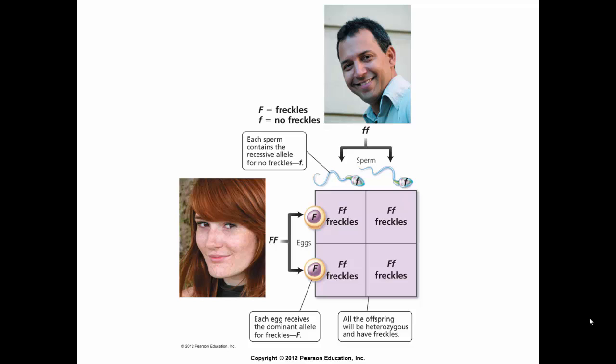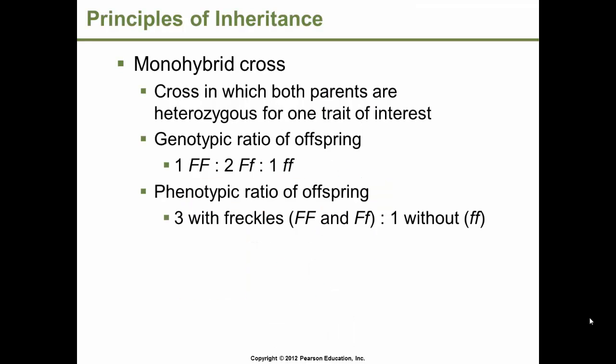The egg from the female, which is homozygous dominant, notated by the 2 capital F's, would yield 4 heterozygote individuals, with the dominant allele for freckles being expressed in all. Thus, all the offspring would have freckles in this instance.